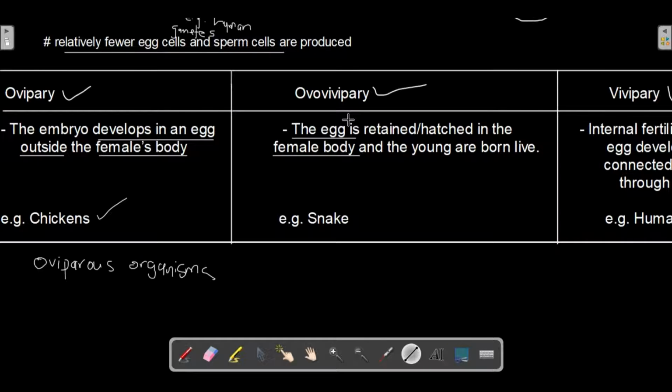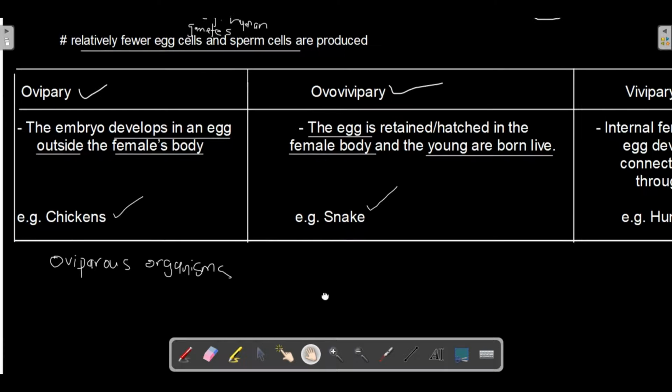So the embryo grows inside an egg, but the egg is inside the female's body, and the young is born live. The egg actually hatches inside the female's body. When it comes to oviparity, the egg hatches outside the female's body. An example of this is some snakes, which practice ovoviviparity.